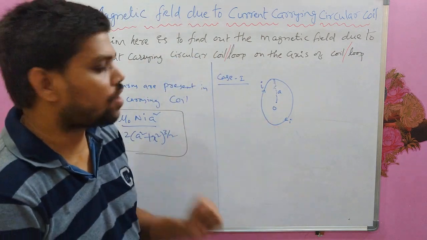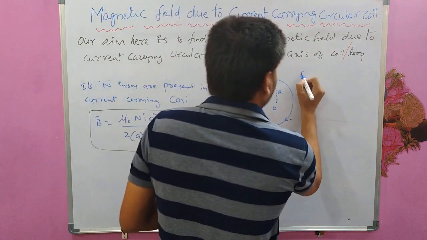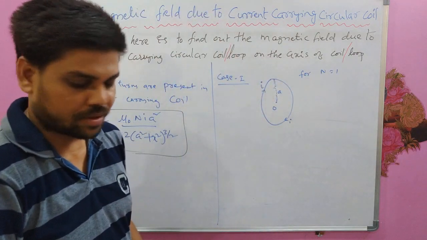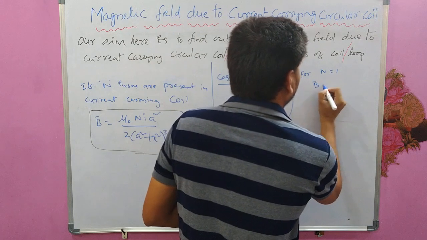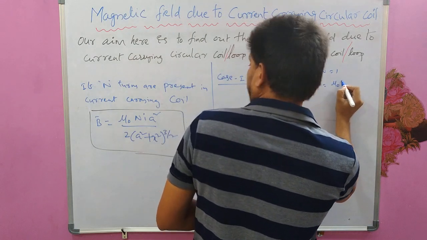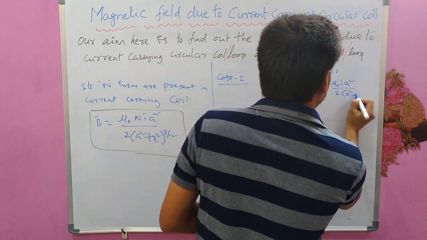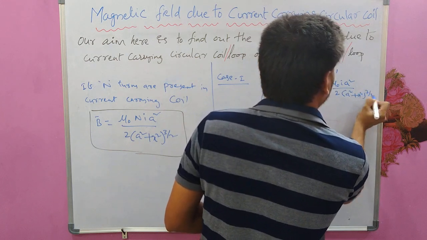At the center of the coil means what? For n equal to 1, for 1 turn, what is B? Mu naught I a square by 2 into a square plus x square whole power 3 by 2.